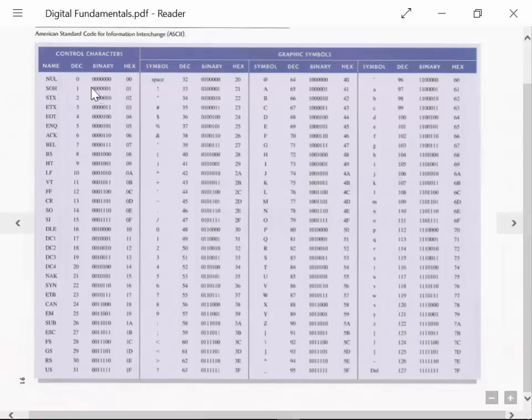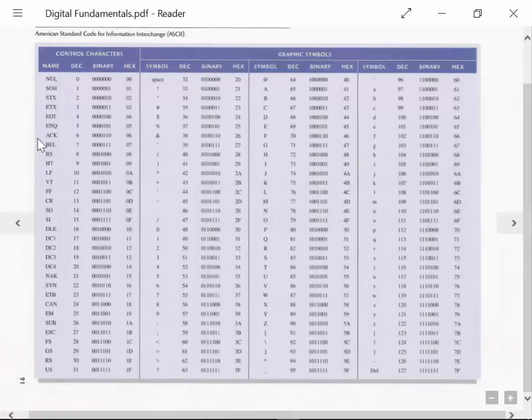As we look at this table, you will see all the characters actually starting with 32. Before character 32, from 00 to 1F, or 0 to 31 in decimal, those are all control characters.